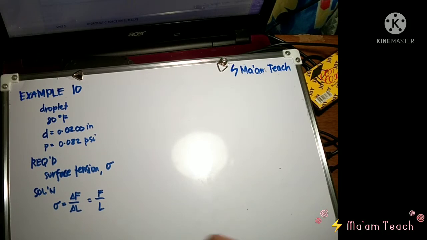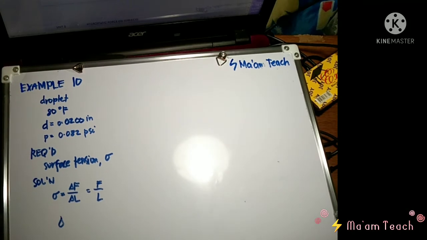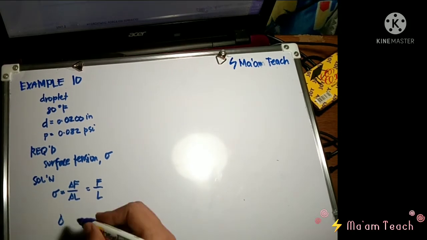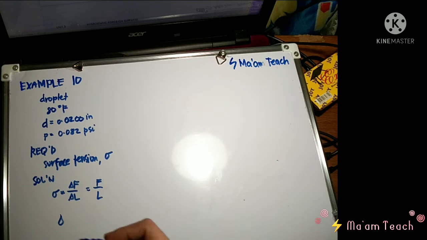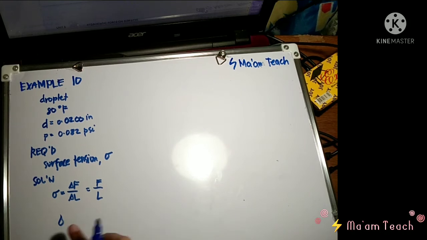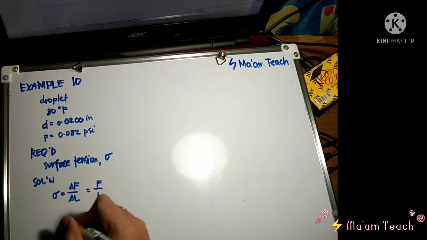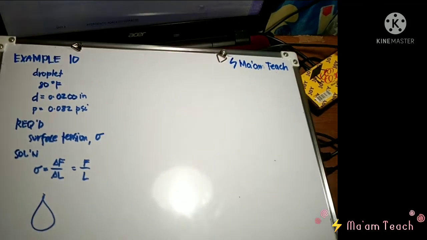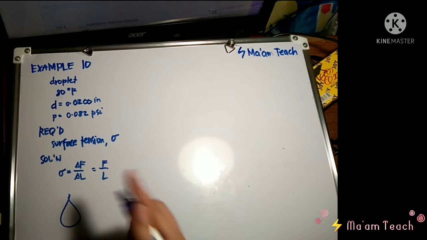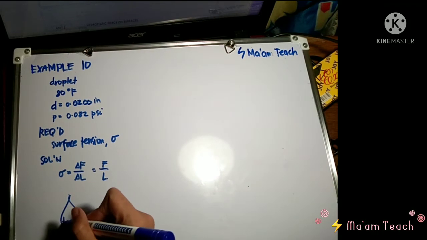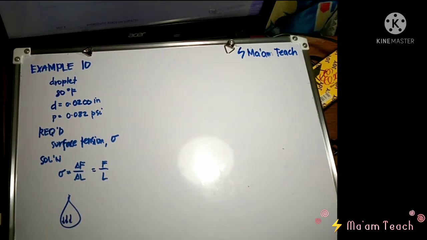Now, if we draw a droplet, something like that, right? A droplet of water, something like this. The pressure is here, can you follow? And the diameter is right here.